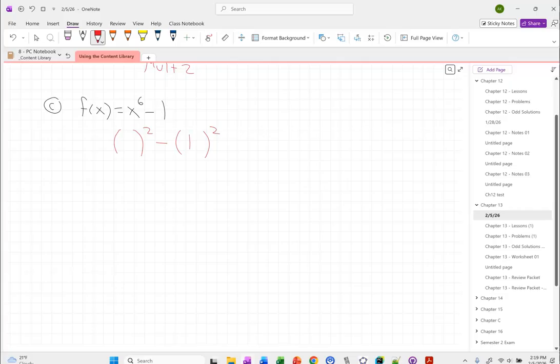X to the 6th is x to the 3rd squared. Good, because I know that when I have an exponent of an exponent, you multiply the exponents, okay? So anytime I have an even degree here, and there's 2 terms, I'm thinking probably a difference of 2 squares, even if this number is kind of kooky.